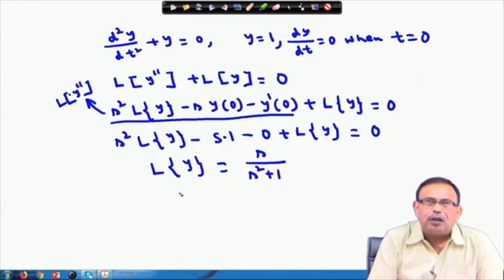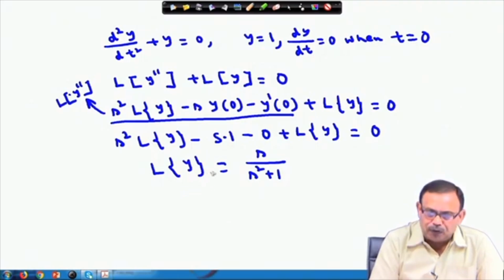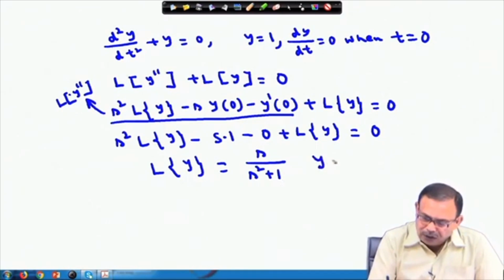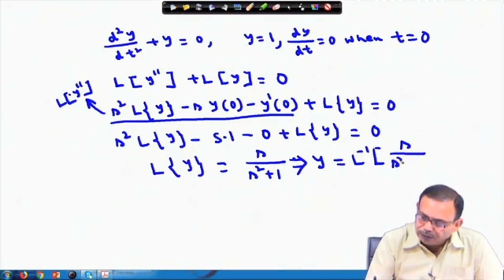So, we got the form: Laplace transform of y equals some function of s. Once I obtain this, I can write y equals the Laplace inverse of s by s square plus 1.